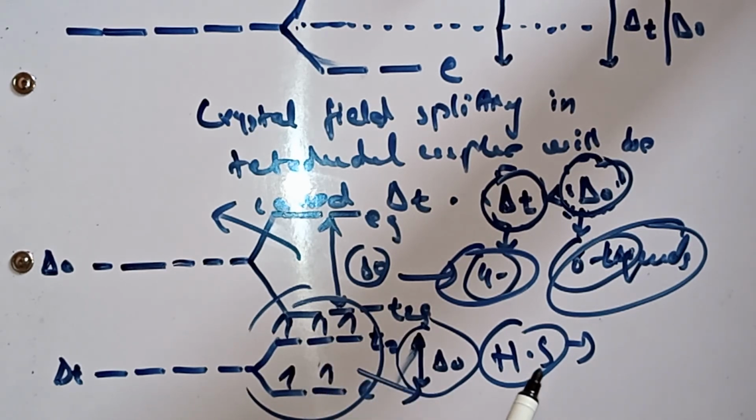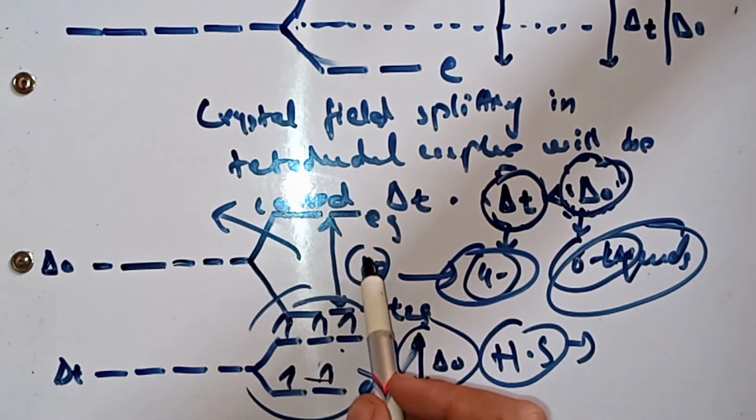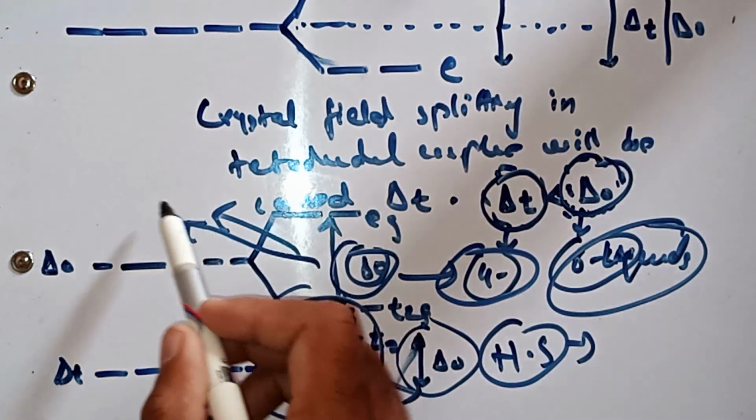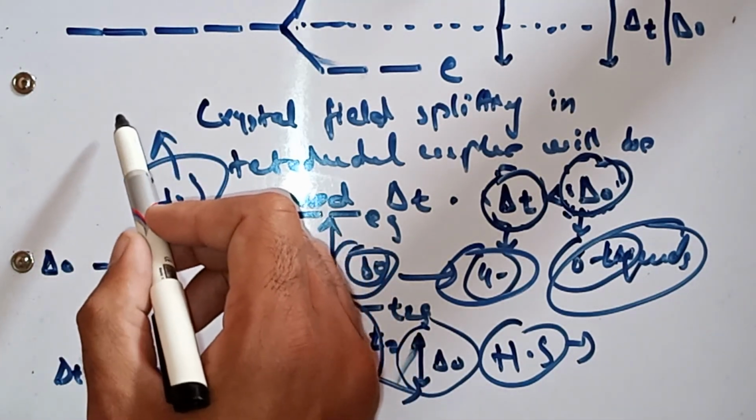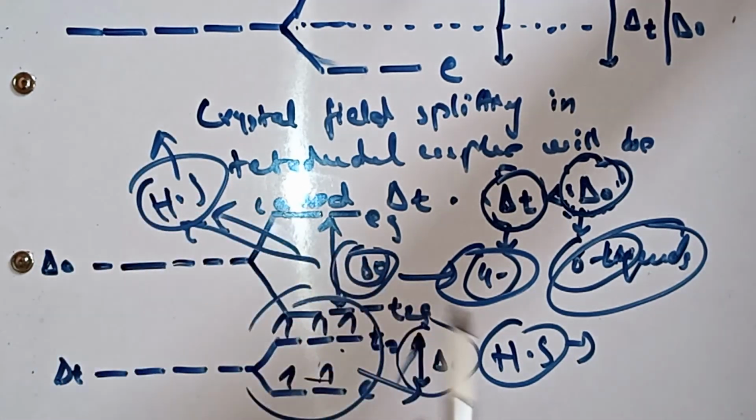If the splitting is little, the spin will be high. According to Hund's rule, first all the orbitals will be singly filled, after that pairing will start. But in case of delta naught, both high spin and low spin complexes are possible. It depends upon the strength of the ligand, whether the ligand is strong or weak.